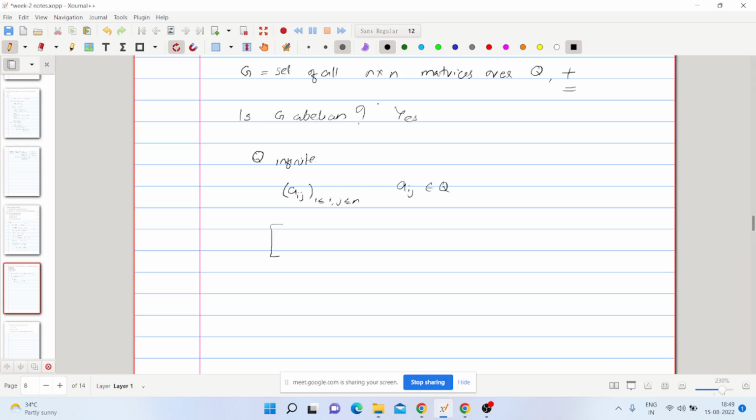For example, if I am taking a 2 by 2 matrix with entries Q1, Q2, Q3, Q4, how many possibilities does Q1 have, finite or infinite?